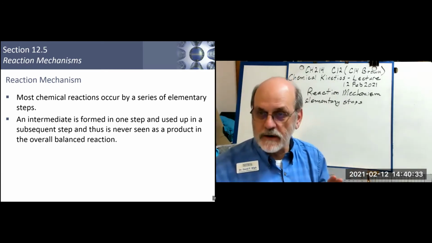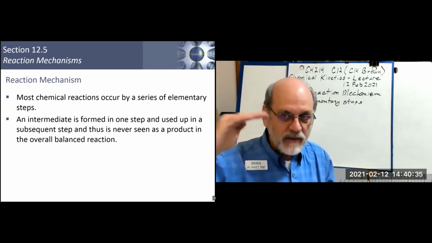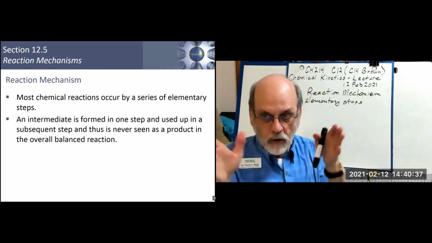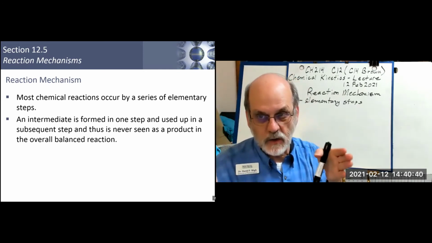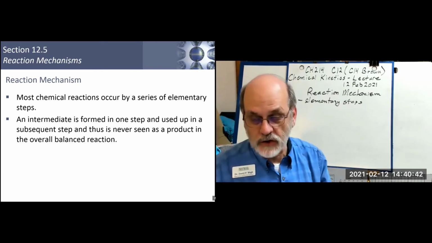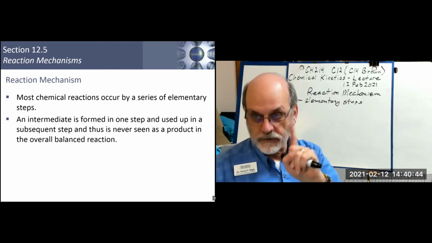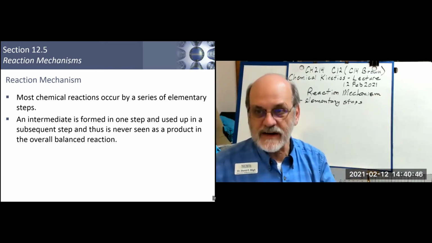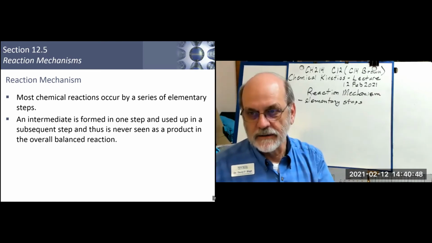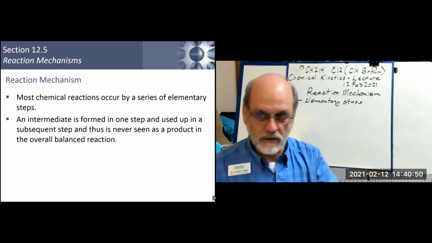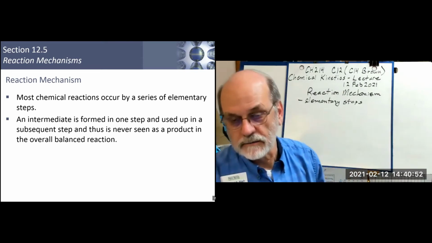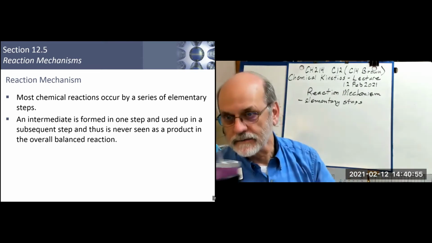And same thing for the elementary steps. You have to add them up so that they give you the overall equation, the overall reaction equation. If they don't do that, that's the first key to throw it out. If it doesn't satisfy that condition, that's an easy decision. You just throw those out. They don't work. They disobeyed.